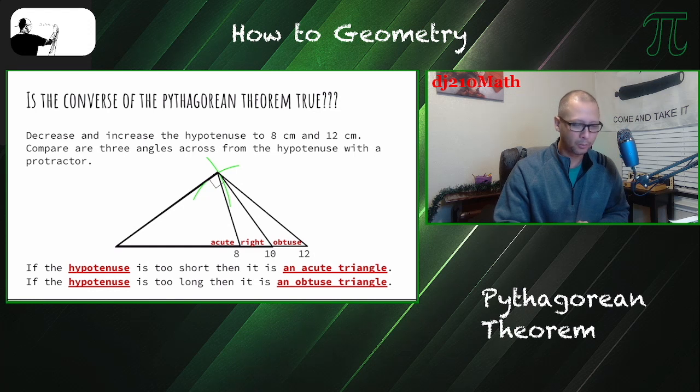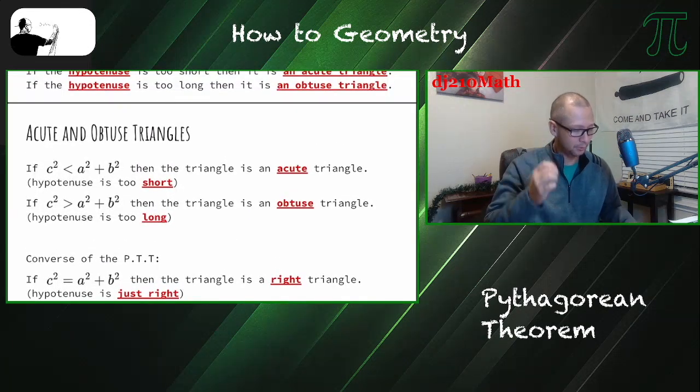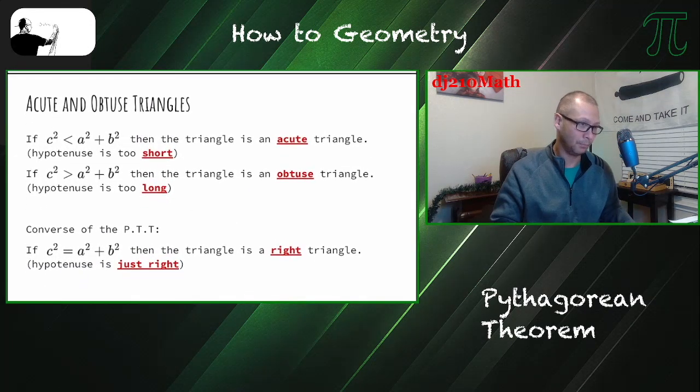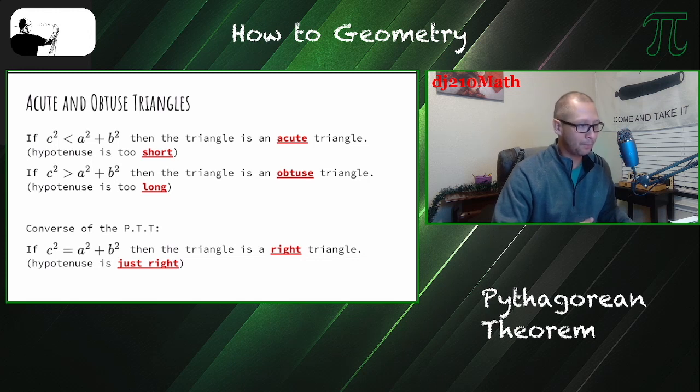So the thing that you want to keep in mind is that if the hypotenuse is shorter, it is an acute triangle. If the hypotenuse is longer, then it is an obtuse triangle. We're looking at acute and obtuse triangles in more depth. So in a right triangle, we said that the square of the hypotenuse is equal to the sum of the squares of the legs.